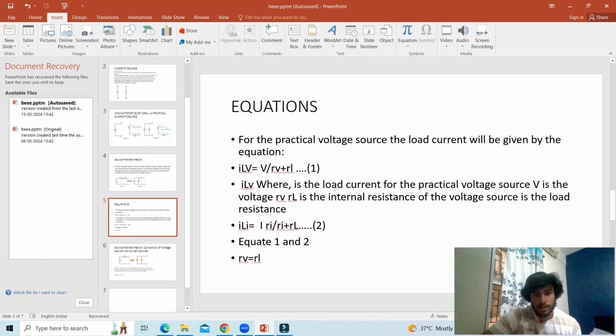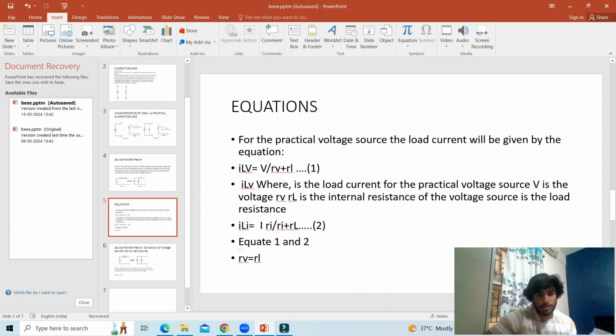ILV means the load current for a practical voltage source, where V is the voltage, RV is the internal resistance, and RL is the load resistance.